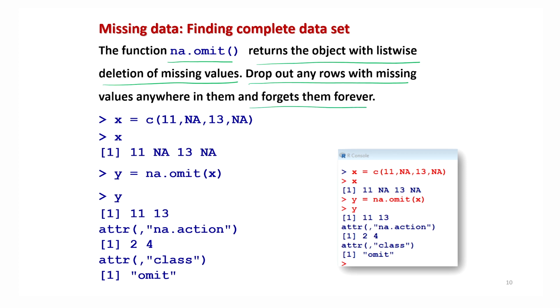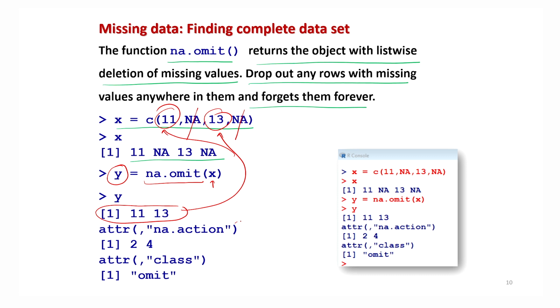Let me try to explain this with this data set. I take the same data vector X, c(11, NA, 13, NA), like this. Now I create another data set Y by writing na.omit(X). So what will happen? Now this NA and NA will be removed from the X data vector and we will get only 11 and 13, like this. After that, we have some additional output.